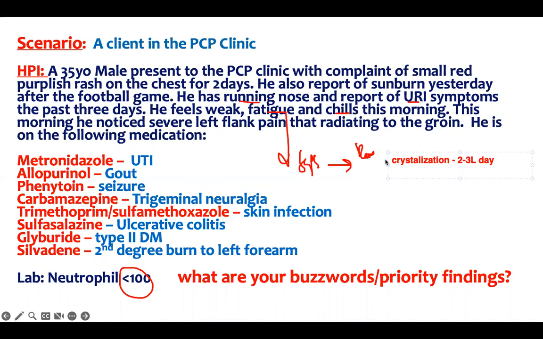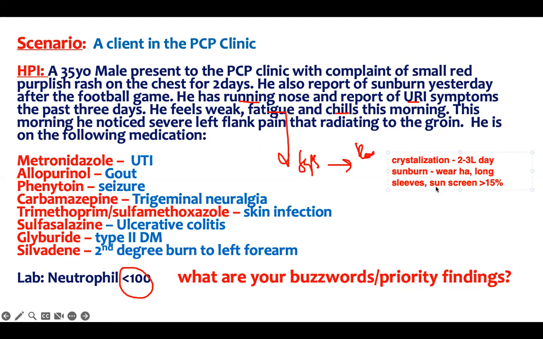For the sunburn, which is photosensitivity, wear a hat when you're going outside, long sleeves, and put sunscreen on with a sun protection factor greater than 15. Some sunscreens don't have a sun protection factor, so you want something with a factor greater than 15.